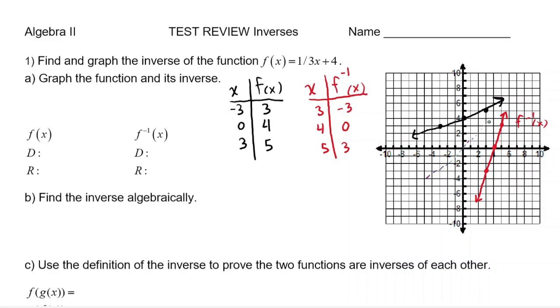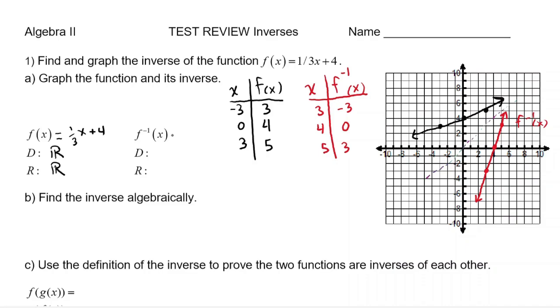So we have this line of symmetry in here to graph our functions. All right, so let's go back to here. So f of x we know was the original function they gave us, 1/3 x plus 4. This is linear, so what's the domain? Okay, so the domain is all reals. The range is all reals.